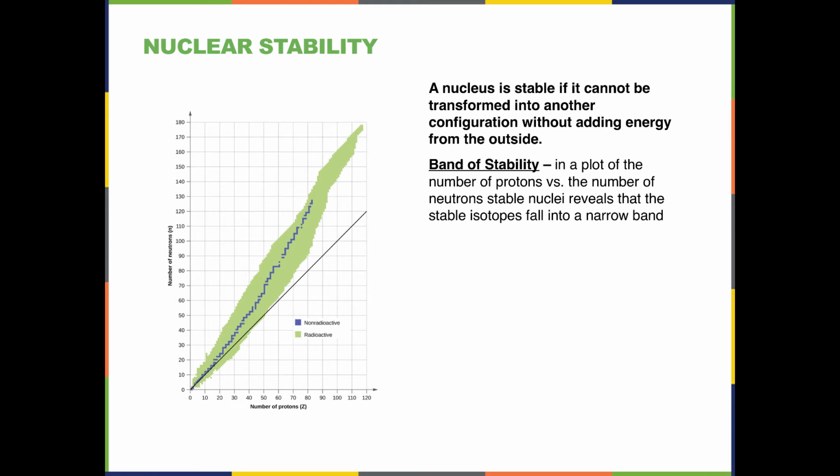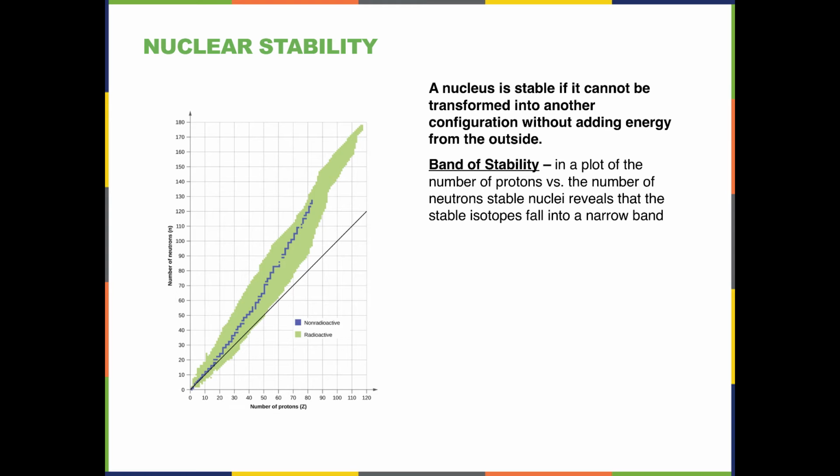The blue or purplish color is the non-radioactive, and what you see is that early on, the non-radioactive elements have about the same number of protons and neutrons, but as you go farther out in terms of mass and number of protons, you see that it gets more and more neutrons compared to the number of protons.